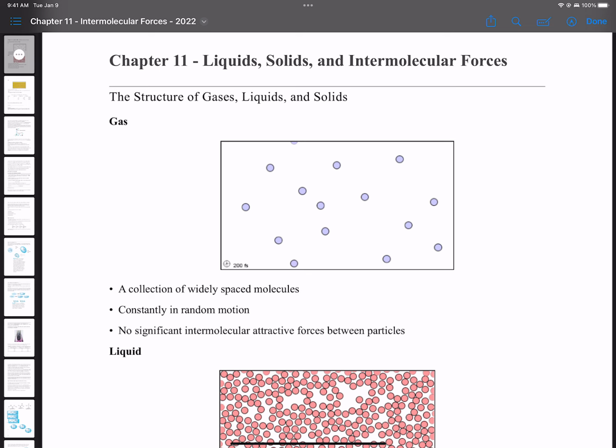They'll be widely separated, just like we saw in chapter 5. They're constantly in motion. They have really no influence on each other. Their intermolecular forces are weak because they're moving so fast that it overcomes those attractive forces. There are no really attractive forces because they're moving freely and independently of each other.